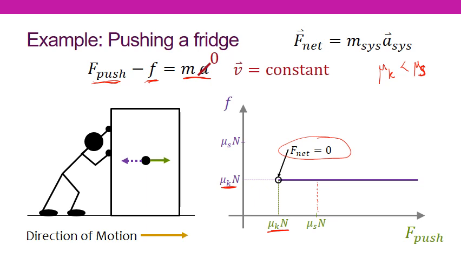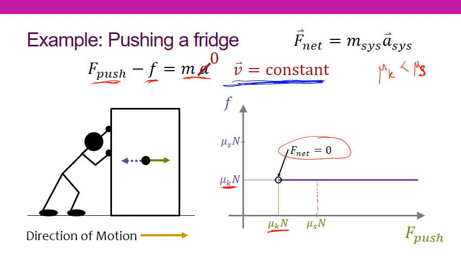That doesn't mean, however, that my fridge stops moving. No, remember there are two parts to Newton's first law. The first part says if I'm at rest, I stay at rest when there are no net forces. The second part, though, says if I'm moving, I continue to move with constant velocity when there are no net forces on my system.